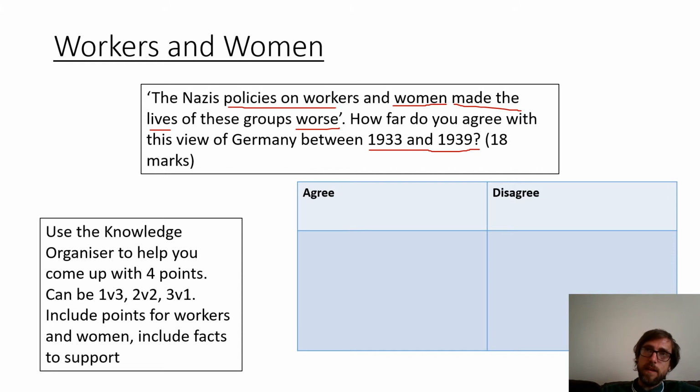You might say that those women during Weimar Germany, before the Nazis took over, who were quite liberal, that maybe they were going off to university or they were doctors and had careers, wore makeup, smoked, those types of things, those liberal women, then having to stop all of that and being told basically they couldn't do those things, couldn't go to university, had to leave their professions that they'd worked so hard, and then they're being asked to look after the family. That is going to make life worse for those women.